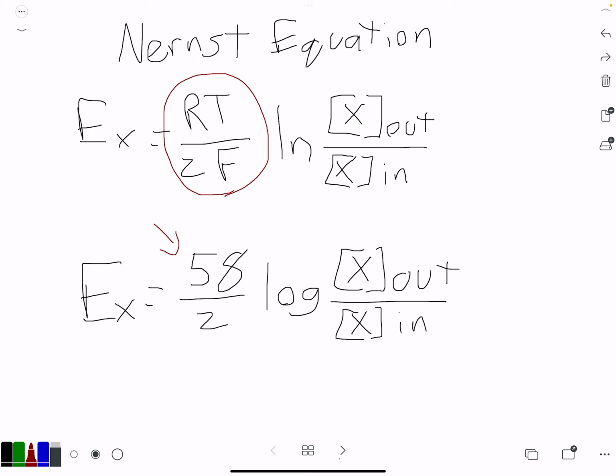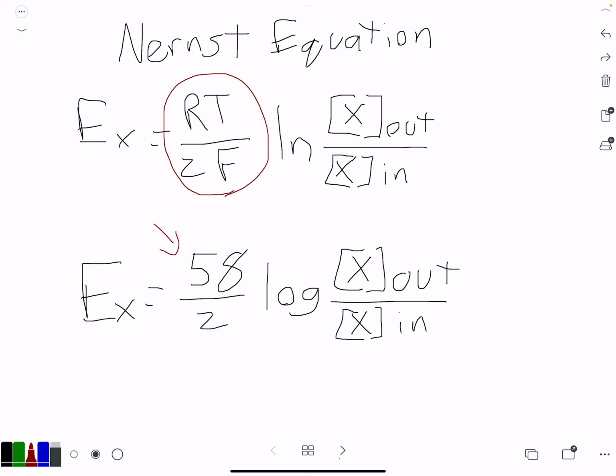The R is a constant, the gas law constant. Temperature T is not a constant, but varies depending on what you're working with, often at room temperature. F is the Faraday constant, a measurement of electrical charge of a really large number of electrons. And then Z will change with the ion. This is the charge of the ion.